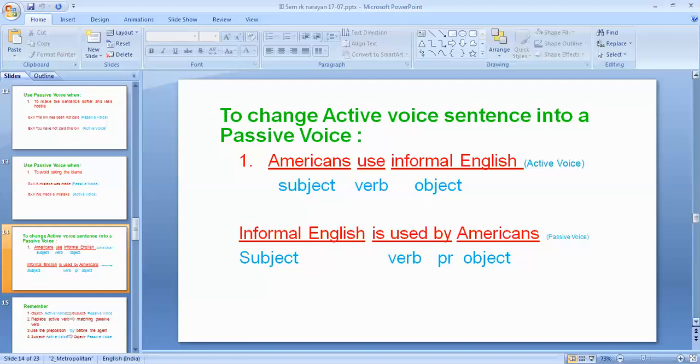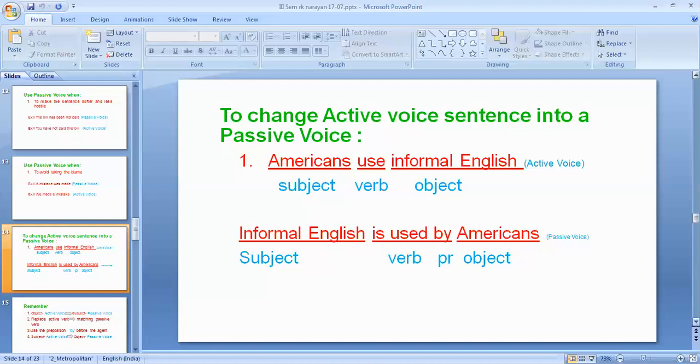So informal English becomes the subject, and its corresponding verb, the active verb, becomes the passive verb, is used, because use is in simple present tense. So it becomes is used in simple present passive. And it also takes the preposition by, because who is doing this? This action is done on the receiver by whom? Americans. So Americans becomes the object.